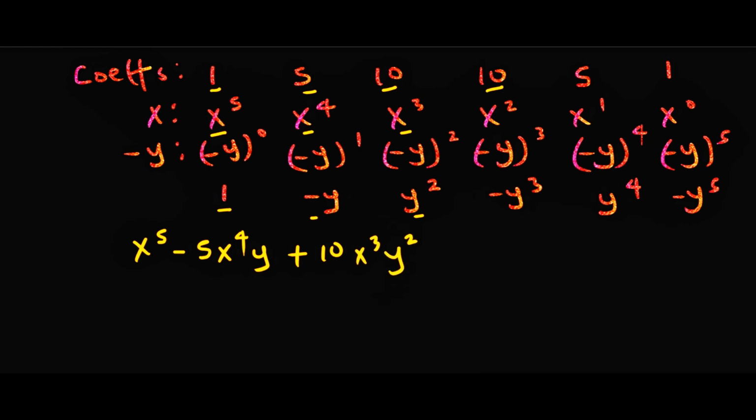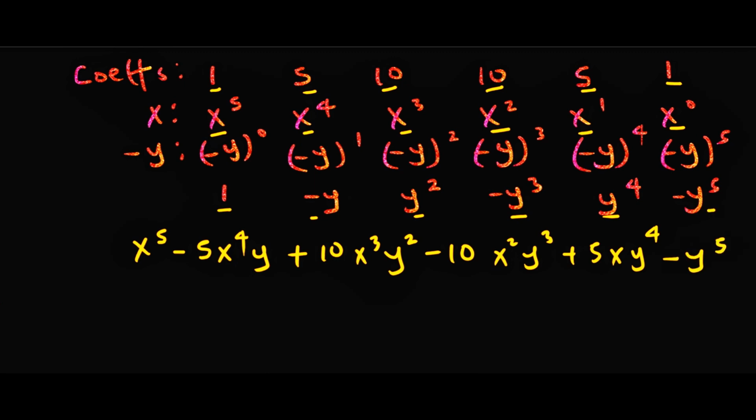Then we have 10 times x squared times minus y power 3, that is minus 10 x squared y power 3. Then you have 5 times x power 1 times y power 4, that is plus 5 x y power 4. Then you have 1 times 1 times minus y power 5, that is just minus y power 5. So this is the expansion that we have for the binomial that you are given.